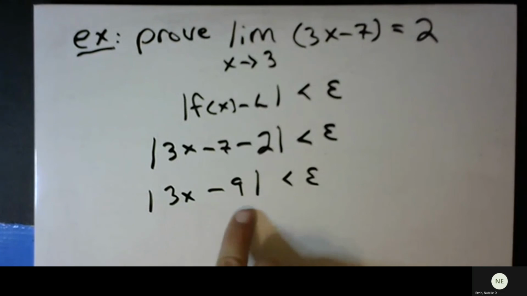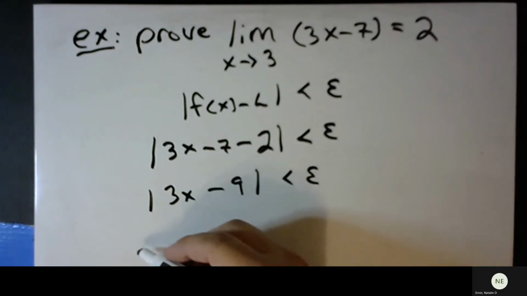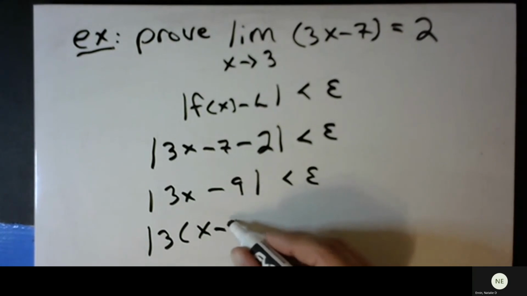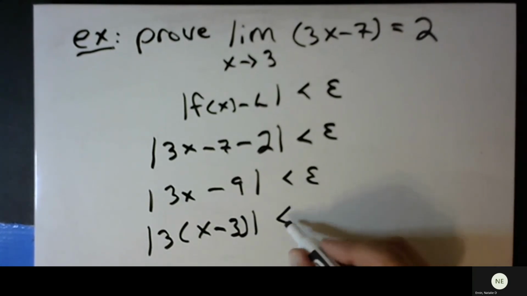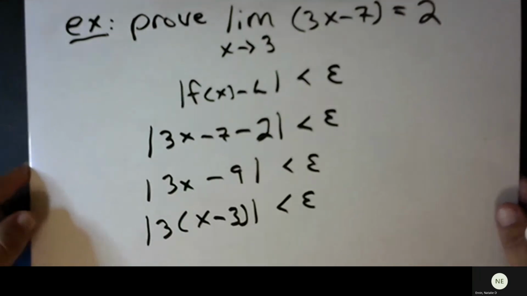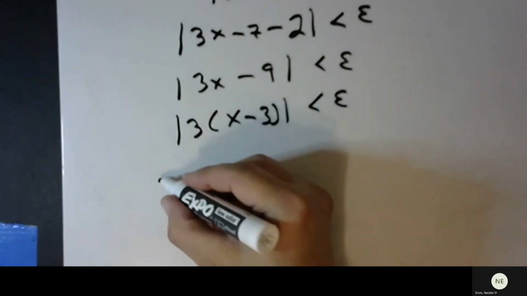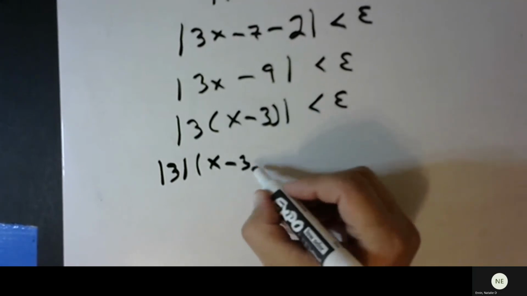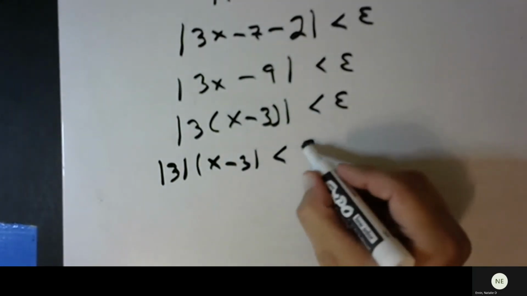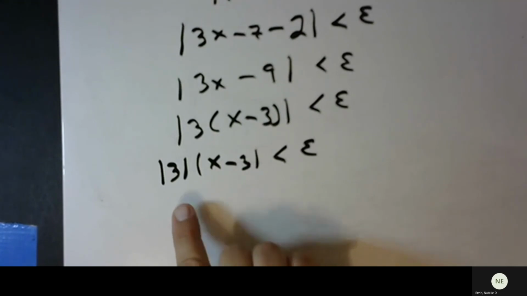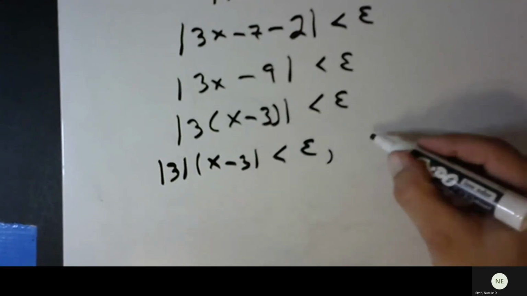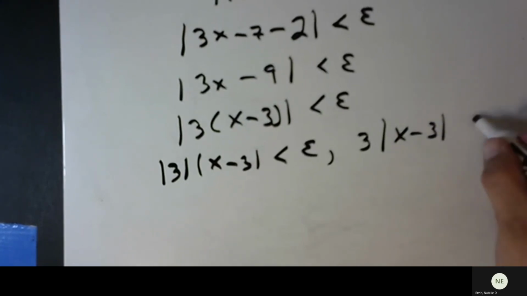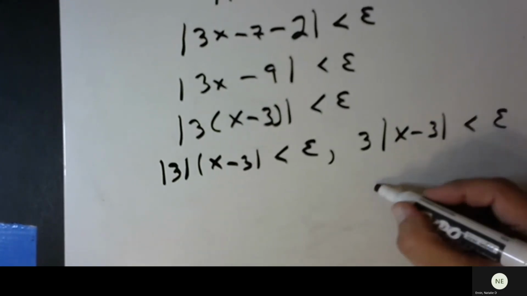And we can actually factor a 3 out of this. So we get 3 times x minus 3 is less than epsilon. Or the absolute value here, 3 is a positive number, we can pull it out. Absolute value of 3 is 3. And then divide by 3.